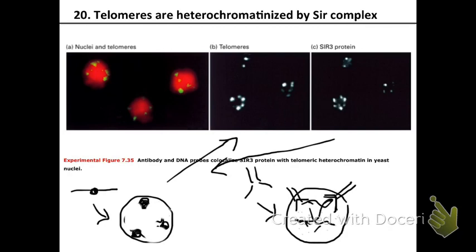The target is SIRT3. Then you can use a secondary antibody. These are antibodies that recognize the heavy chain of the primary antibody and bind to it, okay? And these antibodies are conjugated to a fluorescence marker, so a fluorescent molecule.